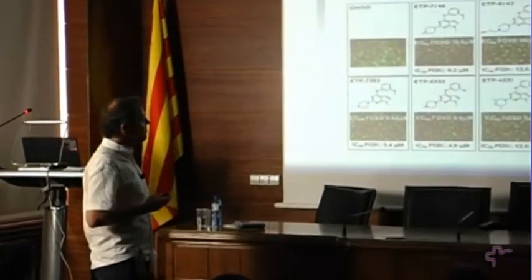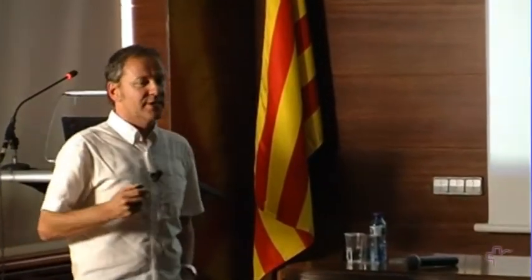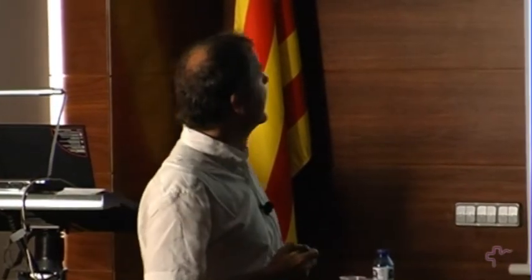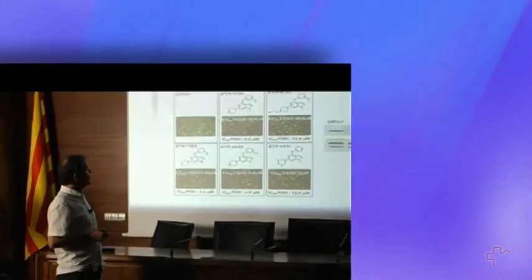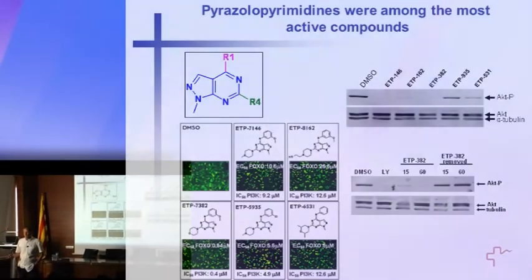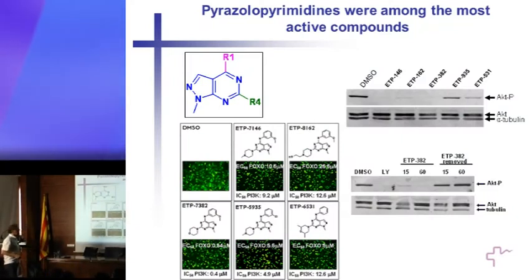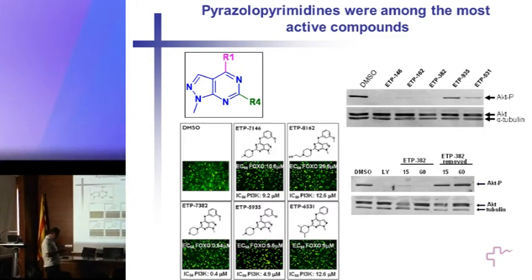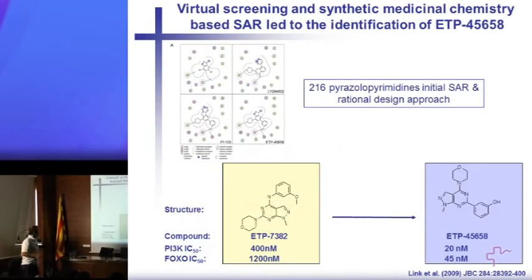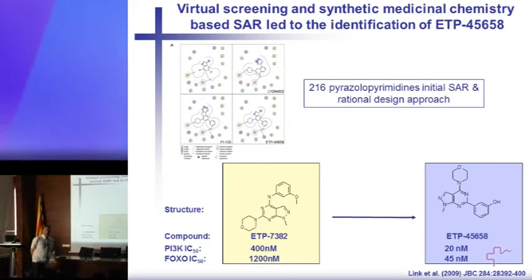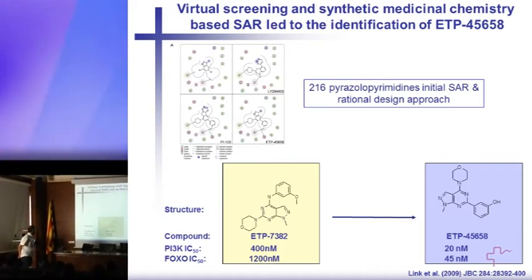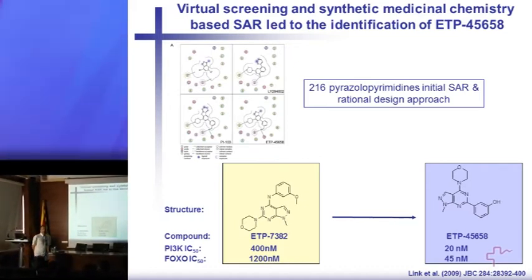Among the most active compounds against PI3 kinase was a chemical series, the pyrazolopyrimidines. These turned out to be reversible inhibitors of PI3 kinase because washout recovered the AKT activity very quickly. And the most active compound was this one with a potency of 400 nanomolar against the recombinant PI3 kinase protein.